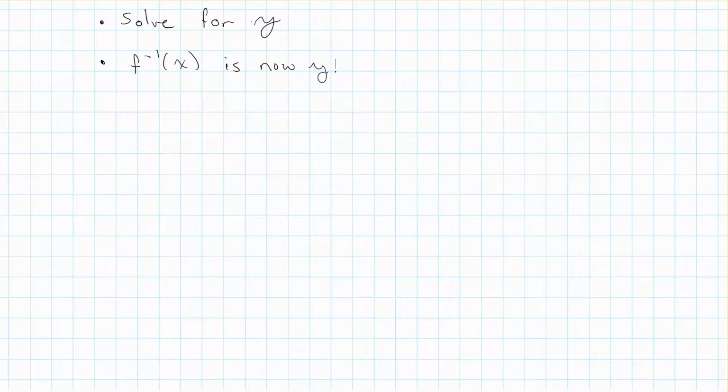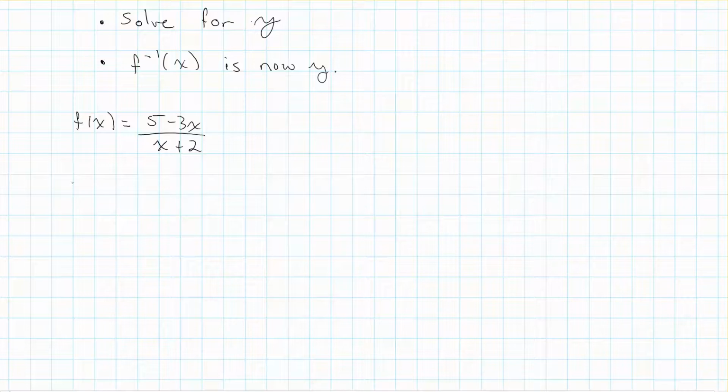Okay, so let's look at a function here, an example. We're going to do f of x is equal to (5 minus 3x) over x plus 2.